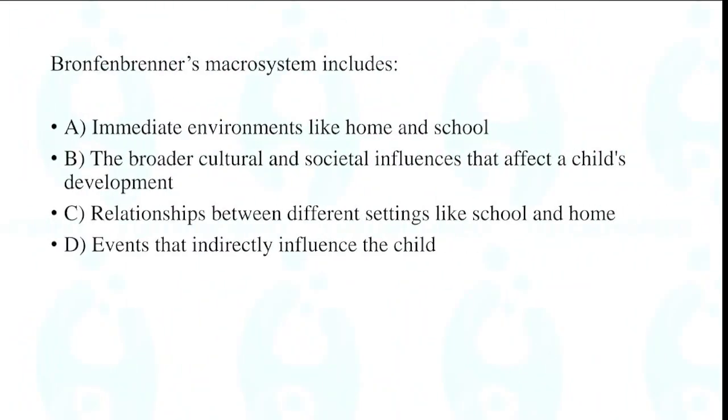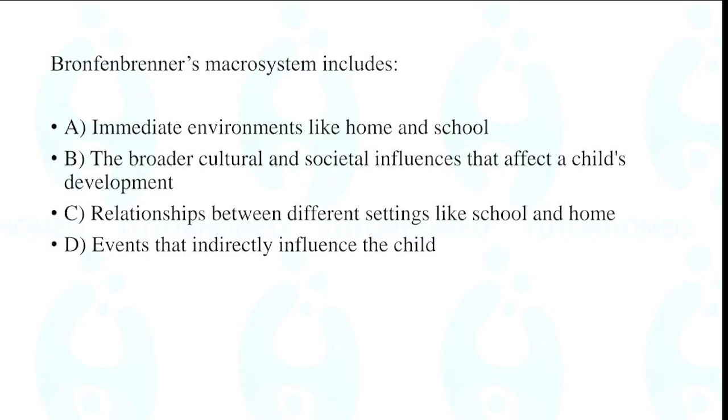Next question, the Bronfenbrenner macro system includes who? Is it the immediate environments like home and school? Definitely no, we have already spoken about that, that is the micro system. Or the broader cultural and societal influences that affect the child's development, the relationships between different settings like school and home, or events that indirectly influence the child.